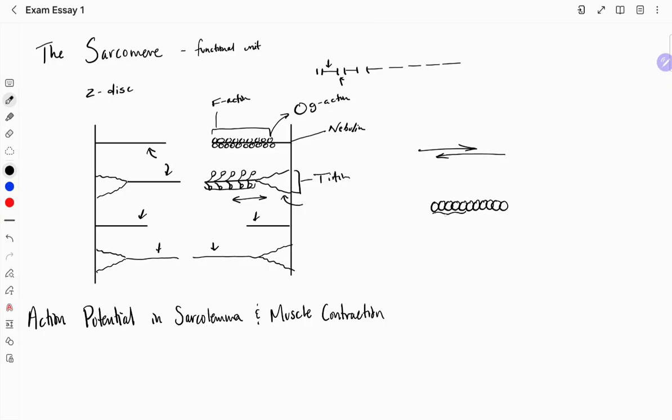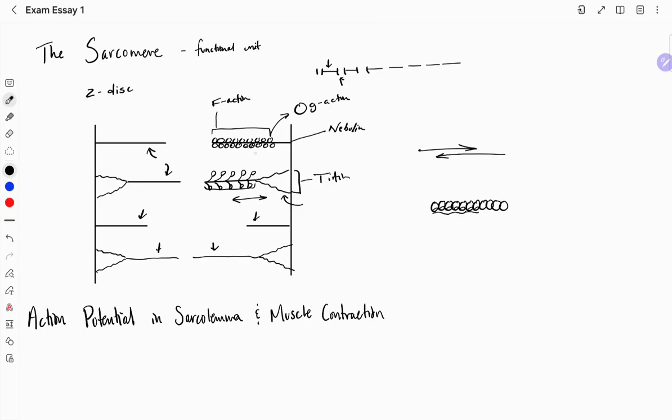I guess I better make that a little bit longer. That's going to block these sites on the F-actin, or these G-actin proteins, where the myosin heads are going to bind.